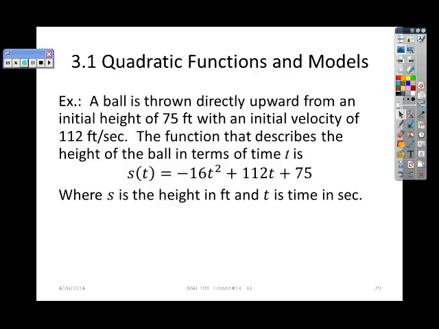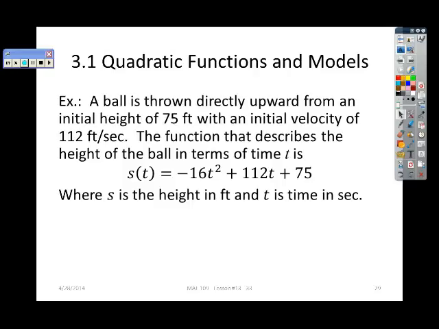When you throw it, you're throwing it from some height, so that's the starting elevation or the starting value of the height. When it leaves your hand, it has a certain speed. It goes up, stops, comes back down. The height of that ball from the time it leaves your hand until it comes back, if you get the height versus time, that turns out to be a parabola.